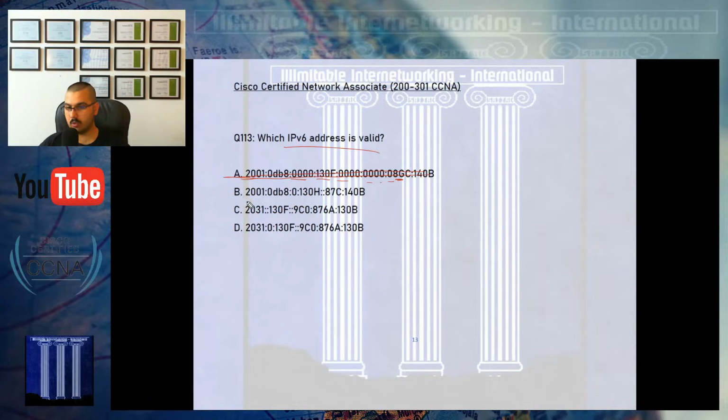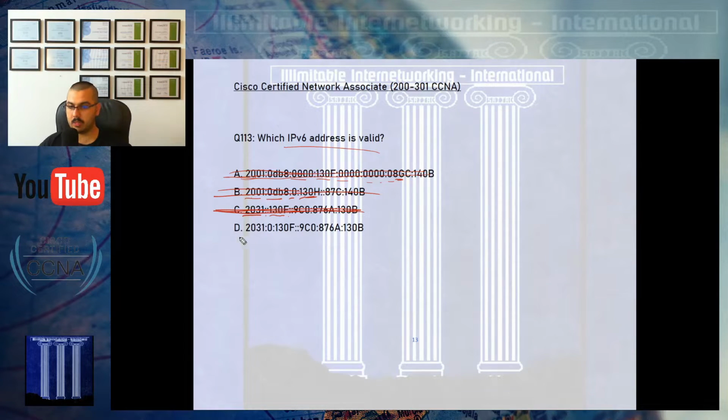The other one will be 2001 DB8 013OH, no, H. This is not even a hexadecimal language. These two are not even hexadecimal addresses. Not just invalid IPv6 addresses, they are not from the hexadecimal world at all. Third answer will be 2031 double colon 13OF double colon, no, double colons twice. You will have to remove that from your dictionary.